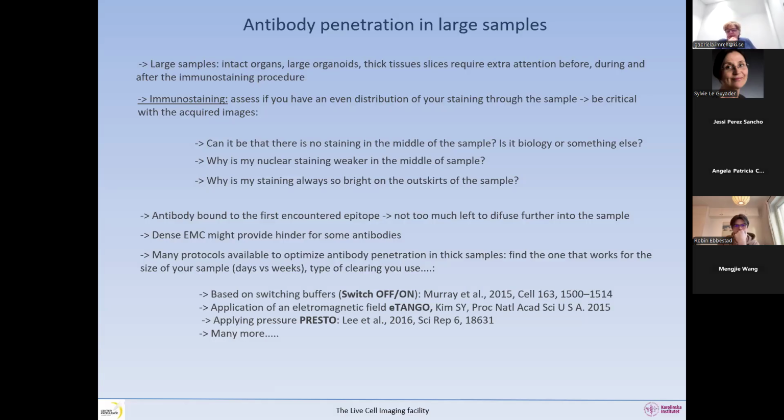And here I just provide a few examples of protocols that deal exactly with how to help the penetration of the antibody deep into the samples.